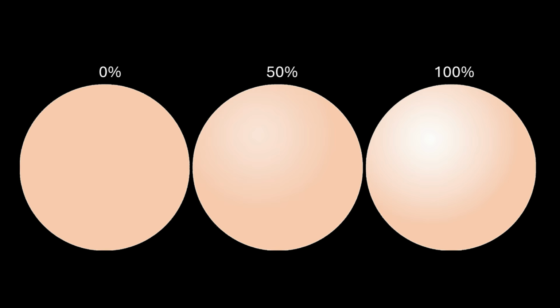At 50% contrast, you will start to see some variation in brightness according to the angle and the distance of the surface vis-a-vis the light source.